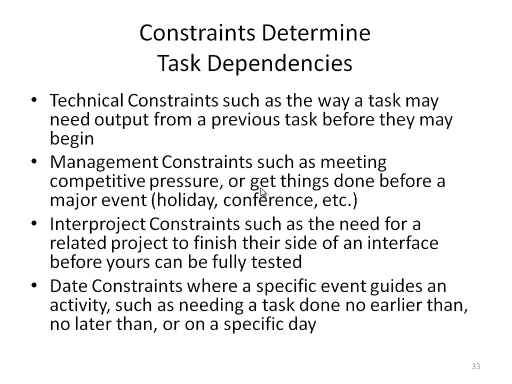Inter-project constraints, such as the need for a related project to finish their side of an interface before yours can be fully tested. The date constraints are where a specific date guides activities, such as needing tasks done no earlier than or no later than a specific day.